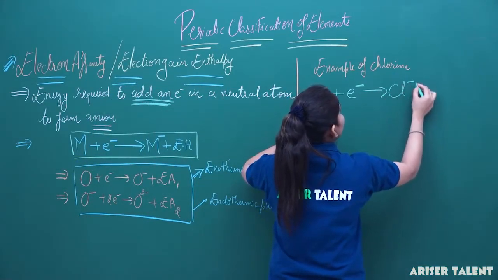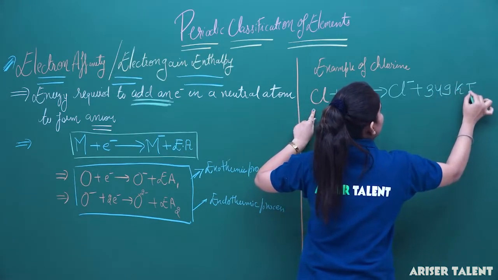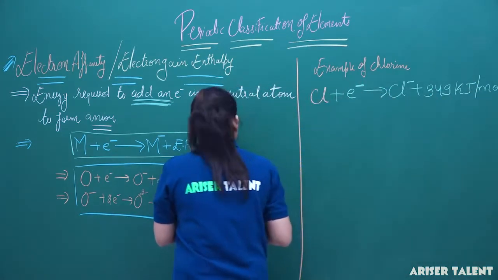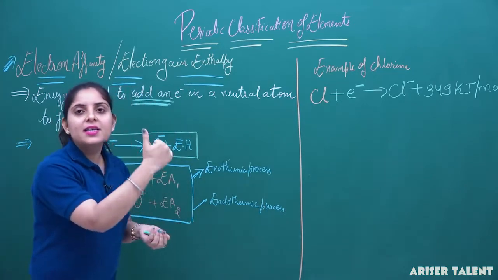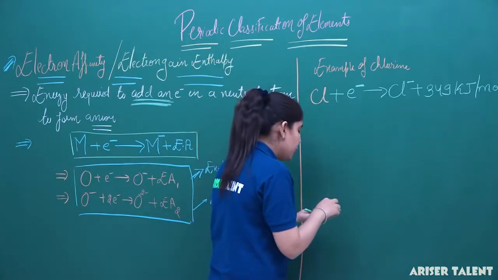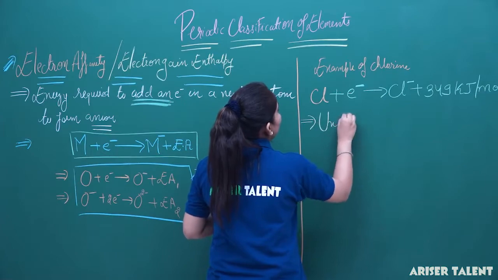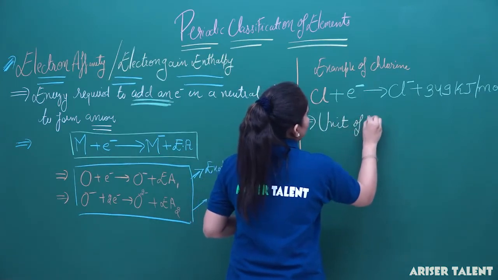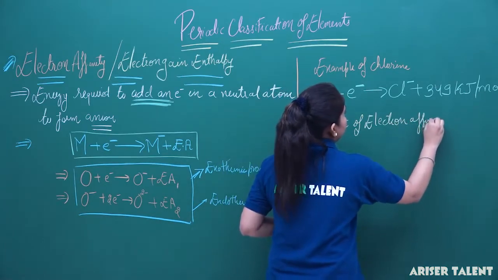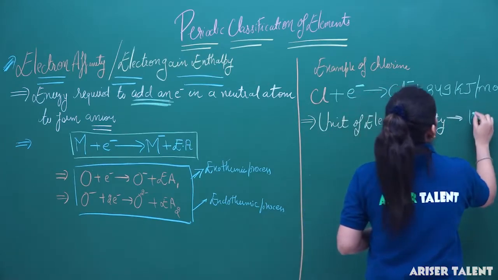I am getting Cl minus, and I have needed an energy to add the electron, and this energy is 349 kilojoule per mole. So we can see that this amount of energy is released to add an electron. Now we can say that the unit of electron affinity is again kilojoule per mole.